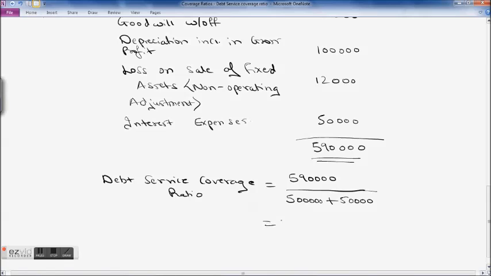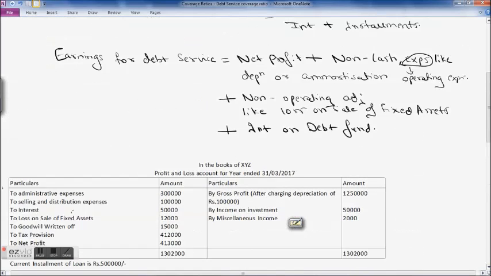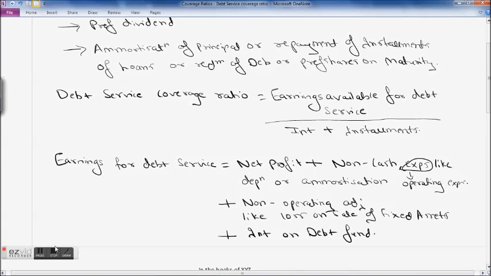So it comes to 1.07. Your earnings available for debt service is 1.07 times as compared to your installment plus interest. So it will be able to cover your installment payment plus interest payment. This is how you calculate your debt service coverage ratio. Okay, thank you.